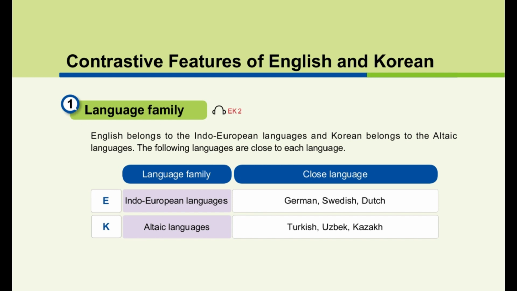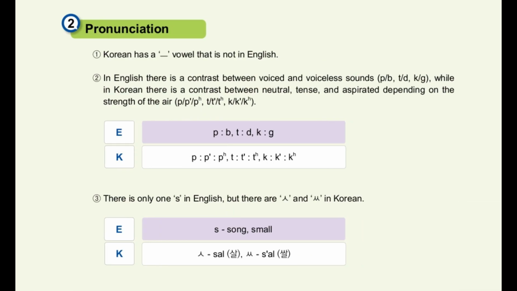These have more things in common. Korean, however, is closer to Turkish, Uzbek, and Kazakh in the Altaic language family. Korea is in Asia, but it's not in the same language family as Japanese, Chinese, Vietnamese, and so on. Are you surprised?